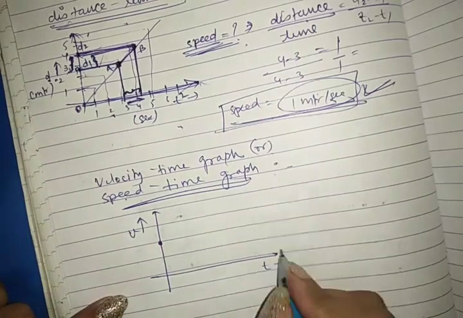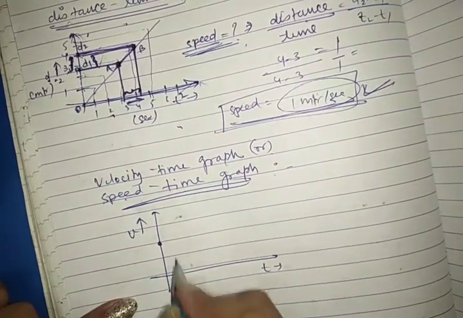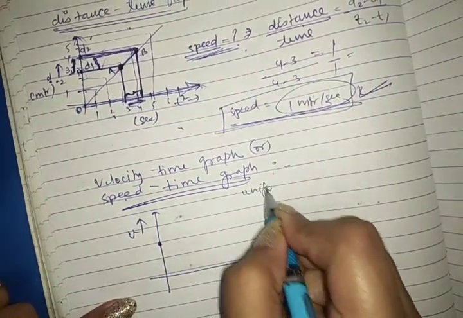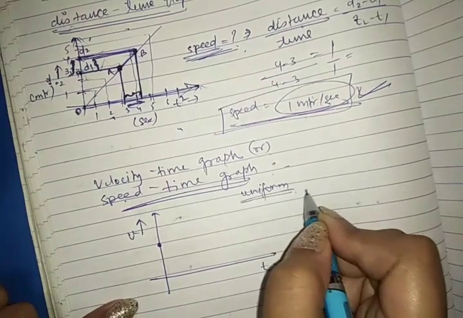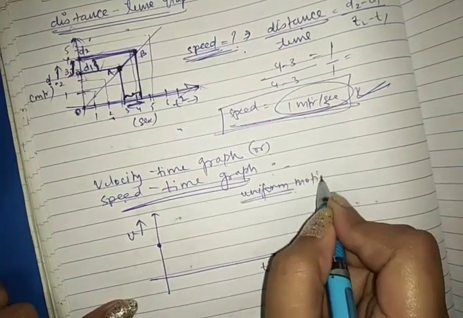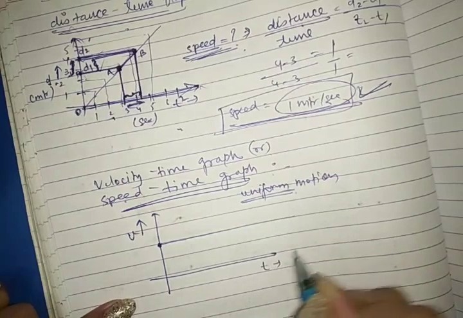This is the velocity axis, this is the time axis, and if this is a uniform motion, then the velocity of the object will remain constant like this.